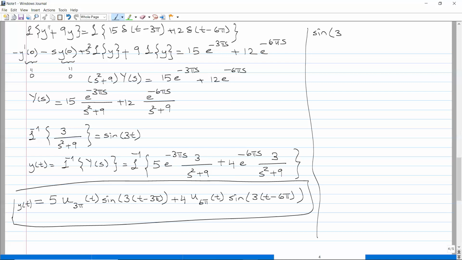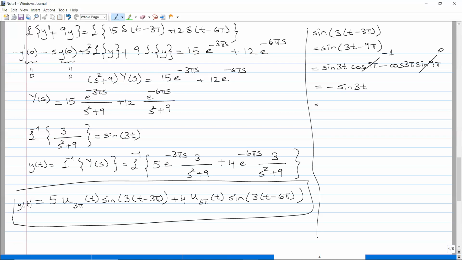Sine of 3 times t minus 3 pi is sine of 3t minus 9 pi, right? Using the addition formula for sine, this is sine 3t cosine 9 pi minus cosine 3t sine 9 pi. Now sine of 9 pi is of course 0 and cosine of 9 pi is minus 1. So this is minus sine 3t.